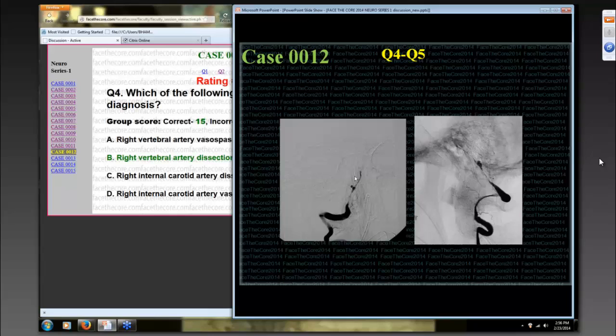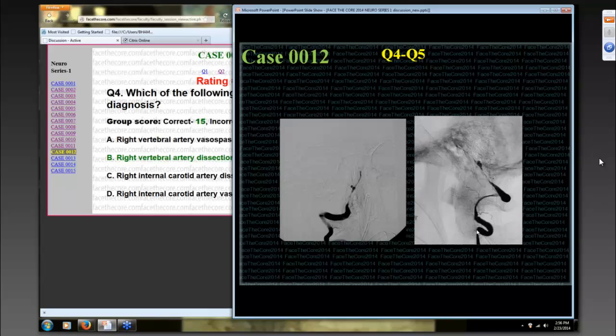And whenever the vertebral artery dissects within the portion which is intradural, that is when it can cause subarachnoid hemorrhage. Otherwise, vertebral dissection is very common in the C1, C2 segment, where it runs horizontally and vertically. This is the C1, C2 junction. That segment is much more frequently involved in a vertebral artery dissection, which could be spontaneous or traumatic.